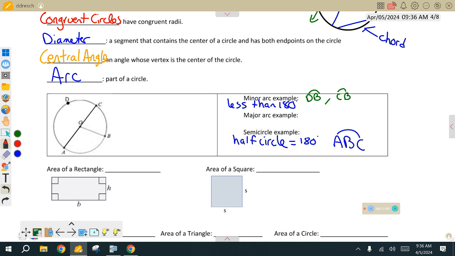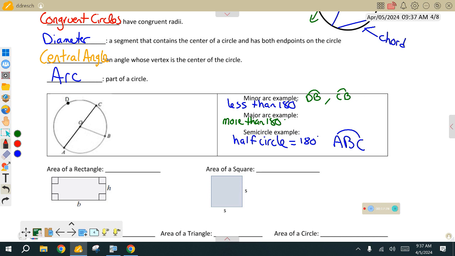And then lastly, we have ourselves the major arc, right? Major arc is what? More than 180. Somebody want to give me a name of a major arc up there? A, C, D. So as you trace that out, it definitely appears to be more than 180 degrees, right?